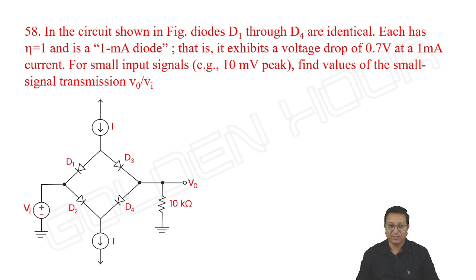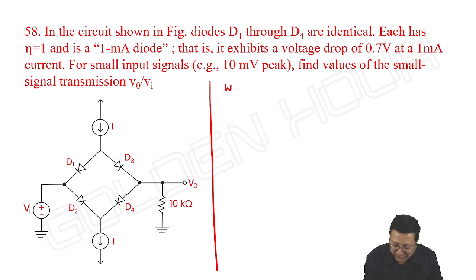They are asking that. As usual, let us take the circuit with respect to DC. With respect to DC means AC sources should be removed, but not superposition.